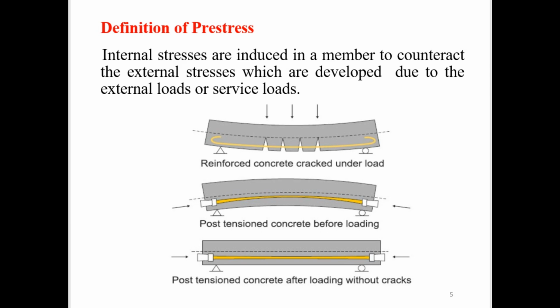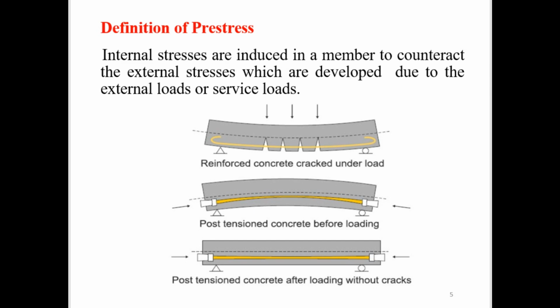The concept is that due to external load the member tries to sag, but as this pre-stressed member is trying to hog, the hogging will counteract the sagging, and the member will be in the normal condition. There will be no changes in that. So pre-stressed members are better than RCC members.